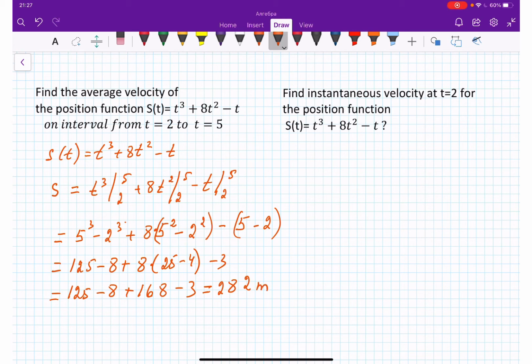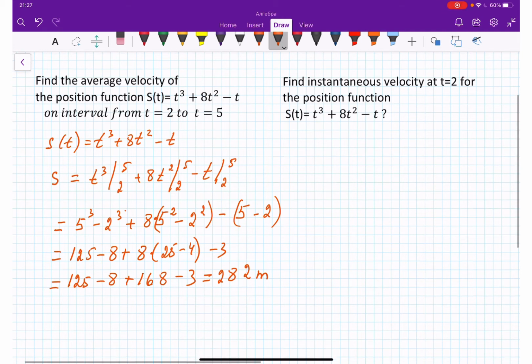Let me double check one more time. 125 minus 8 is 117. 117 plus 168 is 285, and minus 3, 282.